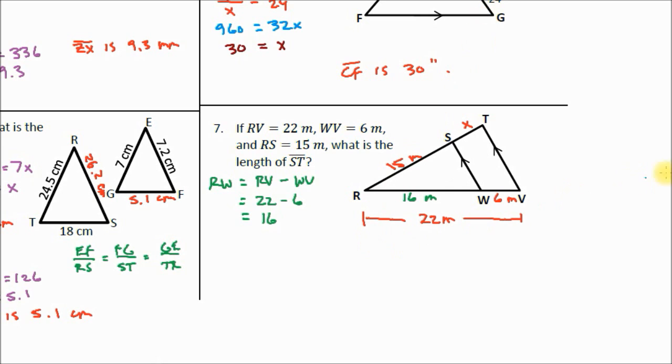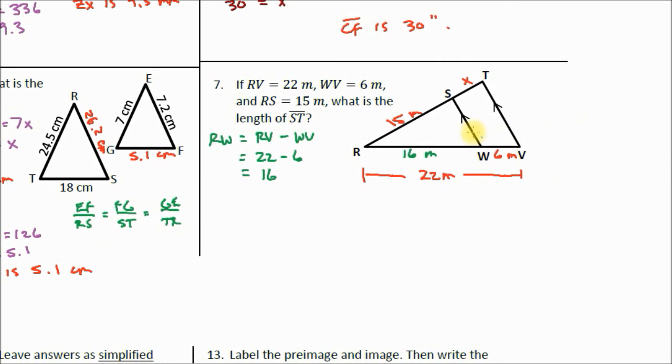Alright, now we can set up our proportion and solve. We know that SW is parallel to TV, so these two sides are proportional to these two sides. So let's write our statement of proportionality. RS over ST has to be proportional to RW over WV.